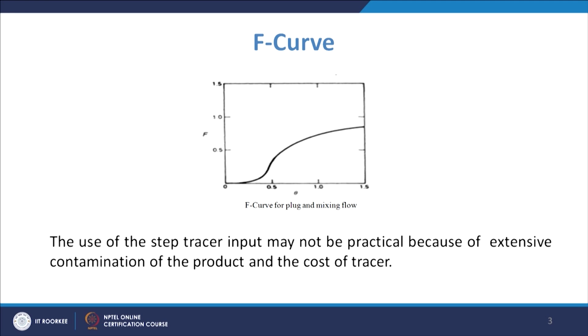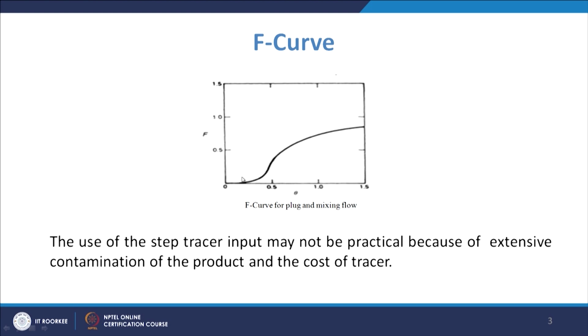A typical F curve for the plug and mixed flow will be like this. We will talk about what that plug and mixed flow is. But once you look at the F curve, from here the concentration starts appearing at the exit.